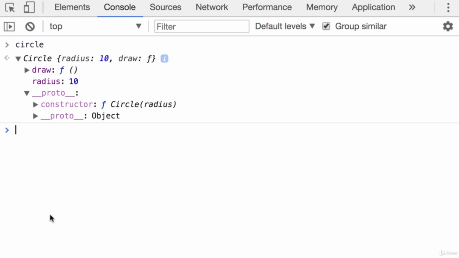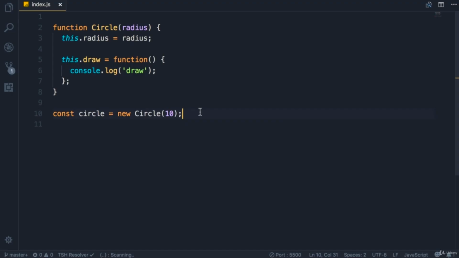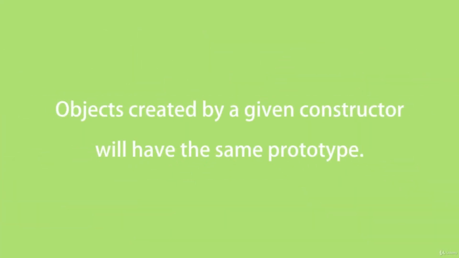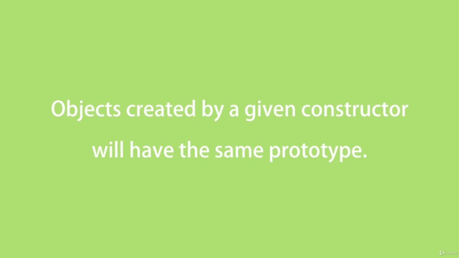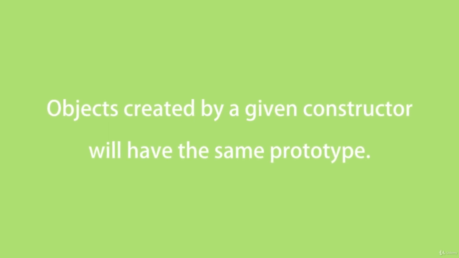Let's call this circle base. So every time we call the Circle constructor to create a new circle object, this constructor will create a new object and set its prototype property to circle base. In other words, objects created by a given constructor will have the same prototype.